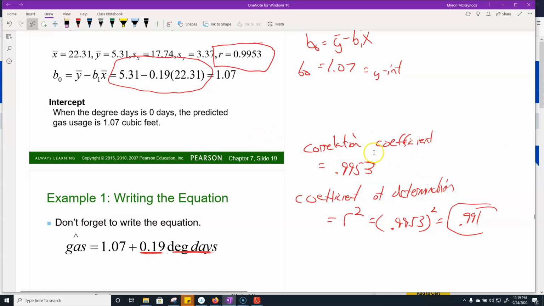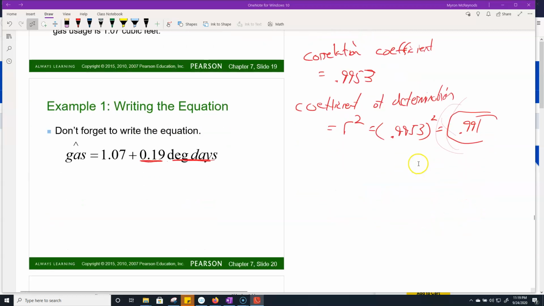My correlation coefficient was 0.9953. So that means these are about 99% related. That R squared tells you what percentage is accounted for by the association of the variables. And that does make sense because as the temperature goes up, you're almost directly going to spend more on your gas bill.